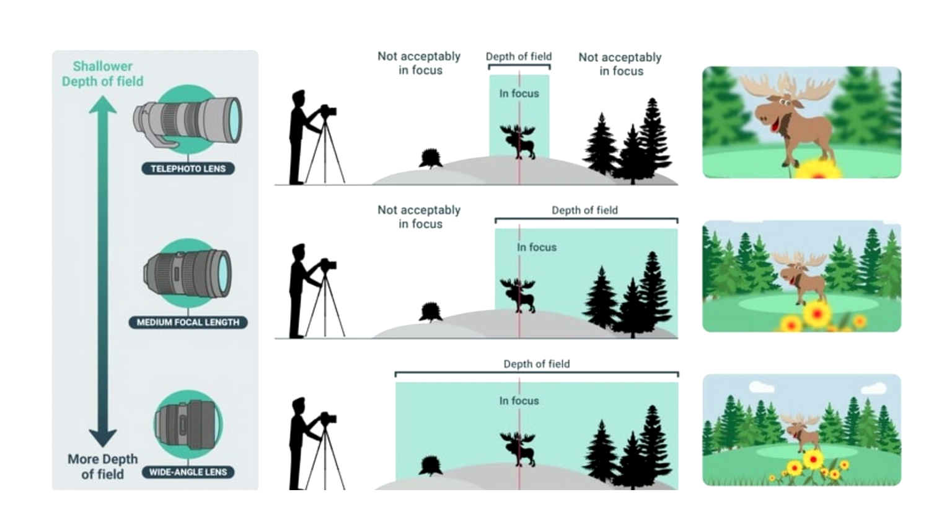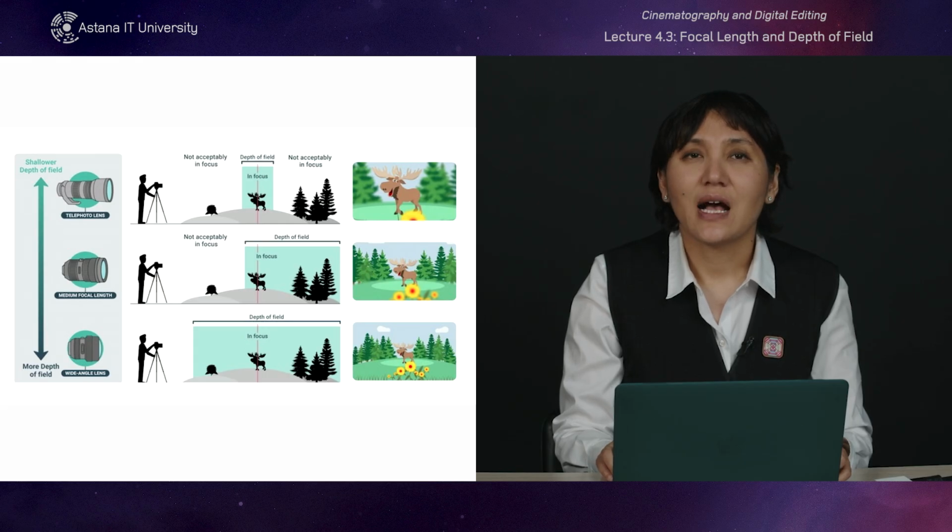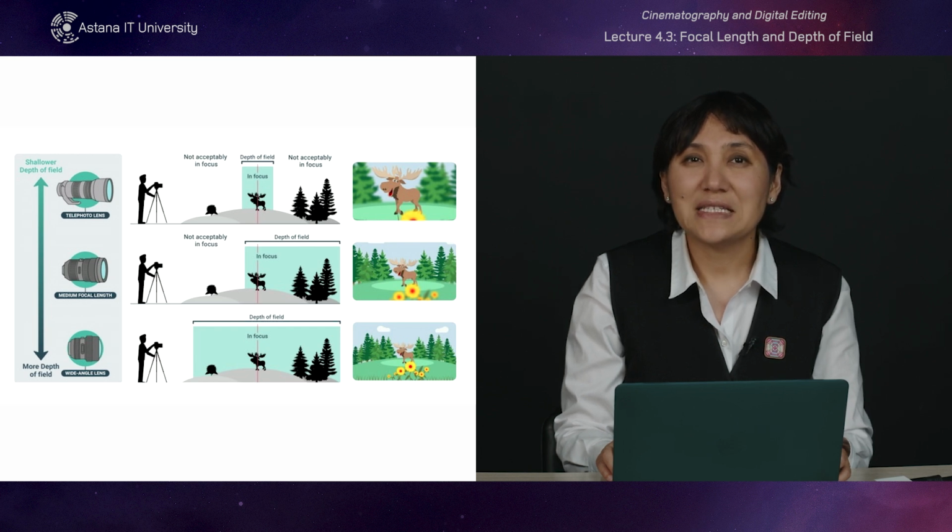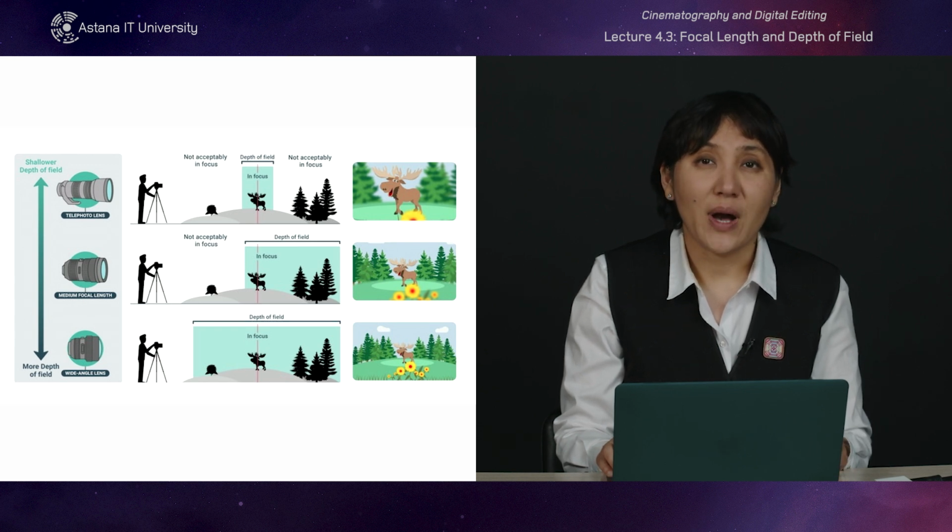Medium lenses, something around 50 millimeters, offer a natural field of view similar to human vision, producing undistorted images, ideal for portraits and general shots. Telephoto lenses, 85 millimeters and above, magnify distant subjects and compress perspective, making objects appear closer together, perfect for wildlife, sports, and isolating subjects from the background.